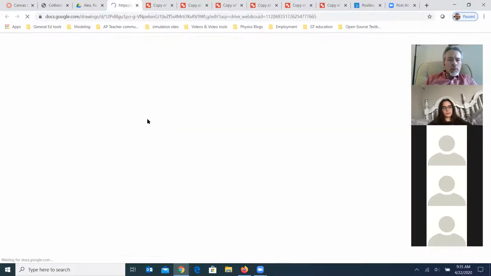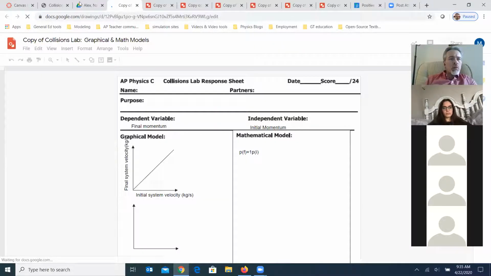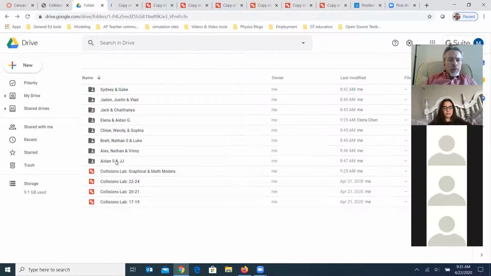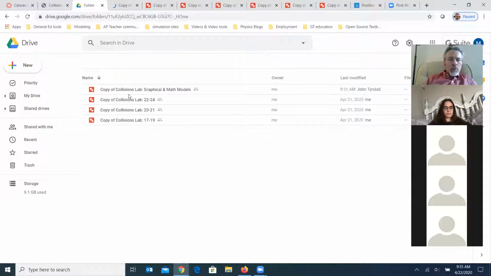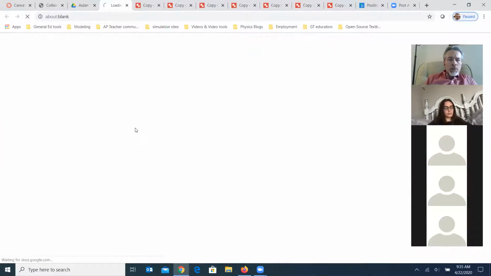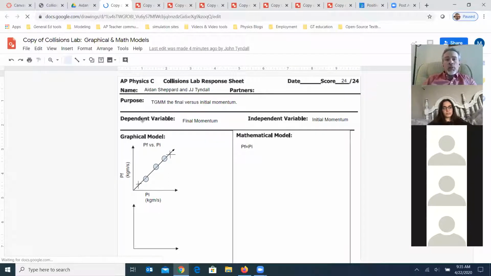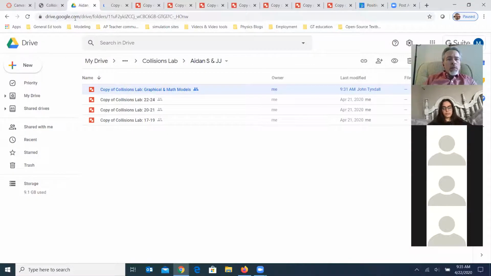Alex and Nathan's, looks like a direct model. And I think we have one last group, Aiden's and JJ's, and they have a direct model as well. So we have consensus here. It's a direct model.